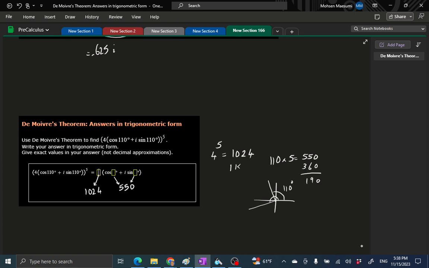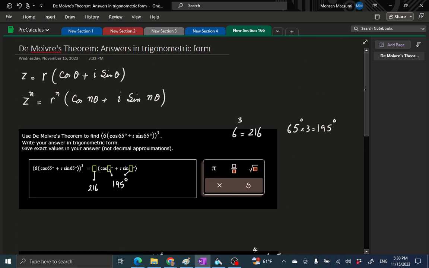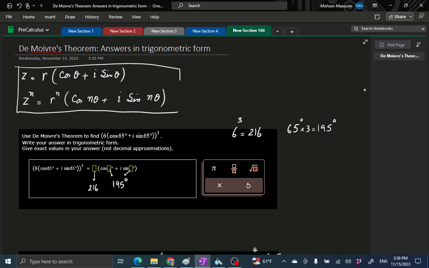That is the final angle for our problem. So it's a simple procedure, so long as we apply De Moivre's theorem. Here is the statement of the theorem. It was simple and useful.